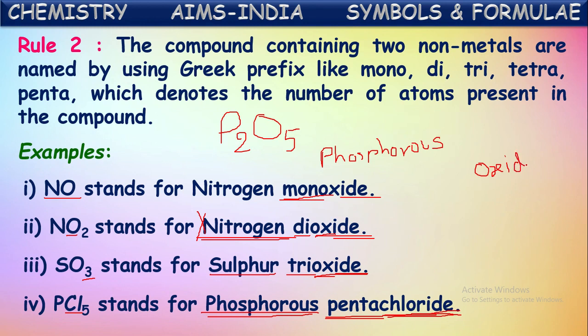So oxide. Now it is phosphorus oxide. But at the same time, you have to mention the number of atoms of each element present in the molecule by using Greek prefixes. In this molecule, two phosphorus atoms are there, so that is mentioned by attaching di. And there are five oxygen atoms, so we attach the prefix penta. Diphosphorus pentoxide it is.